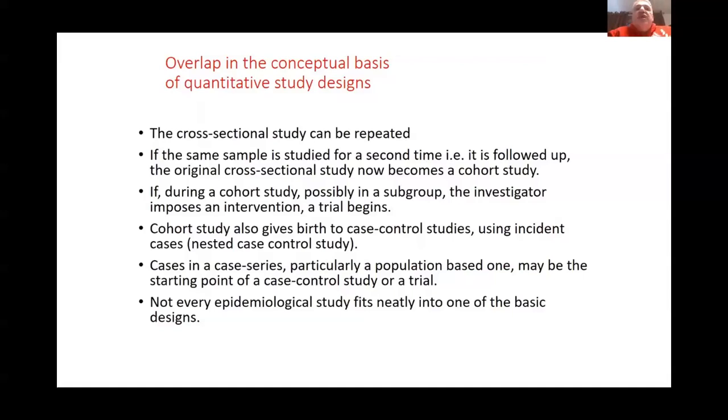If during a cohort study, possibly in a subgroup, the investigator imposes an intervention, a trial begins. If you are doing an observational prospective cohort study and, for any medical reason, you want to select specific patients from this cohort and intervene on them, then you are imposing an intervention, and a trial begins on this subgroup.